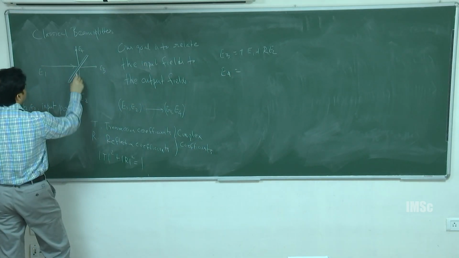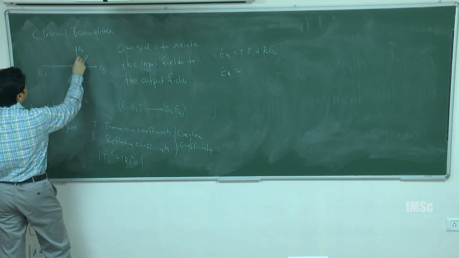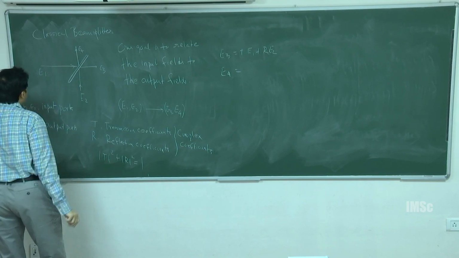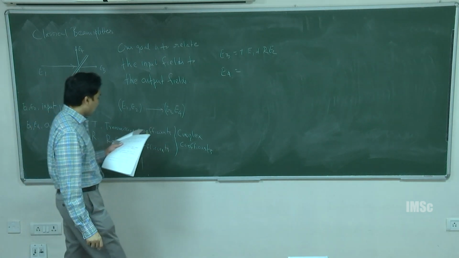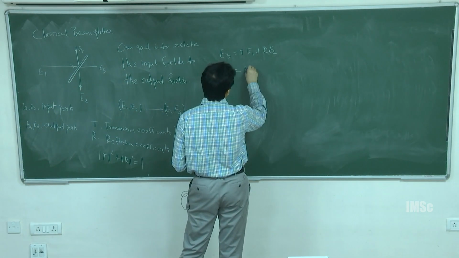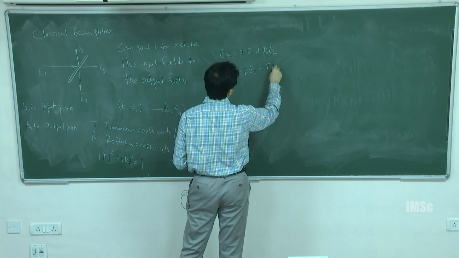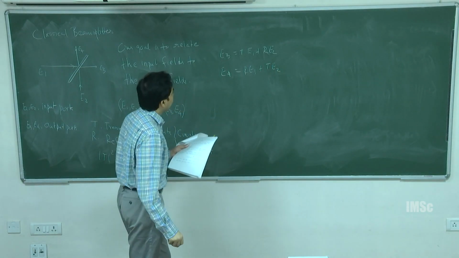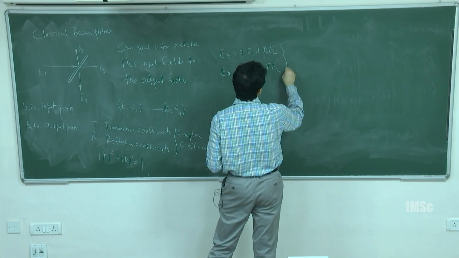The transmitted part of E2 reaches output port 4, and the reflected part of E1 reaches output port 4. This is the input-output relation.